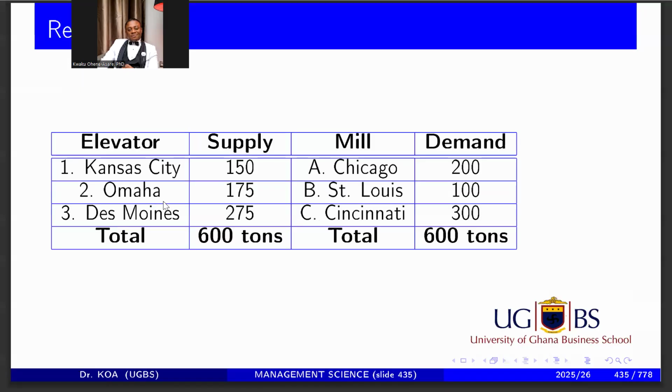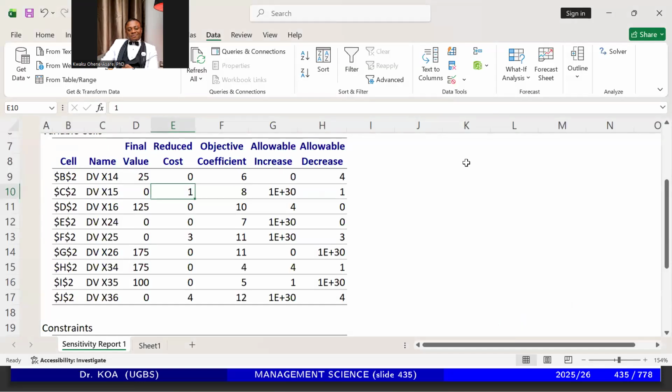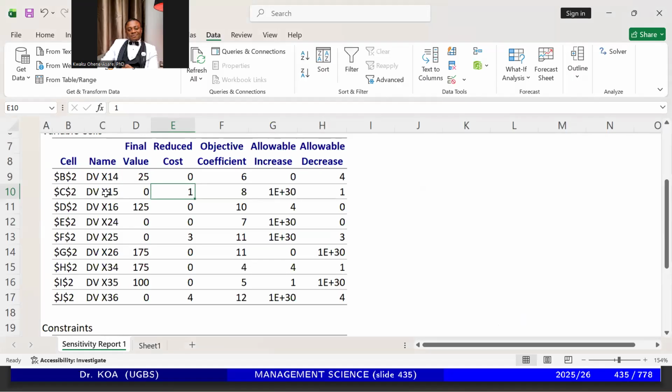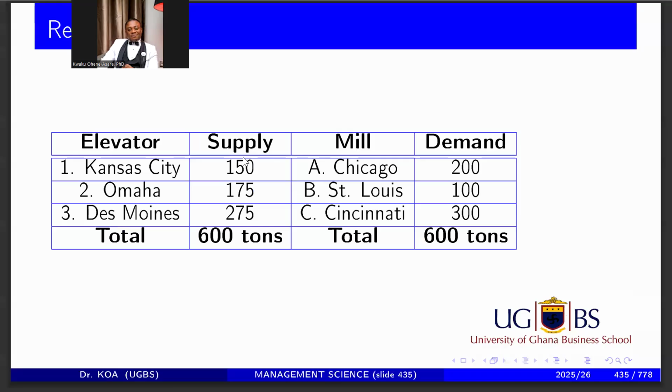And then if you check carefully, Omaha never sent anything. It had 175. It could have topped it up with St. Louis. Look at it. This is from Kansas City to St. Louis. So after sending the 25 to Chicago, we thought that it will send the other 130 to St. Louis.